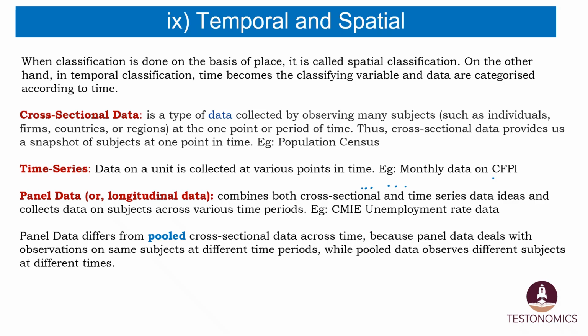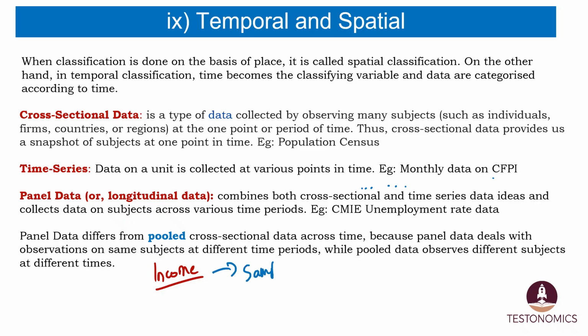So what basically we are saying is that under pooled data, we can have a situation in which we have data on different subjects in different time periods. For example, let's say we wanted to calculate the average income in a particular state of India, and we felt that collecting data on all the individuals living in a state is difficult. So let's take a sample.